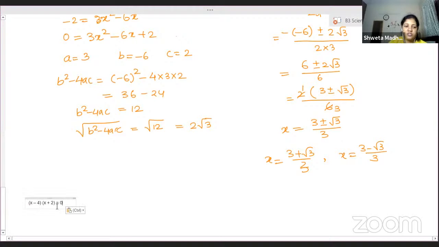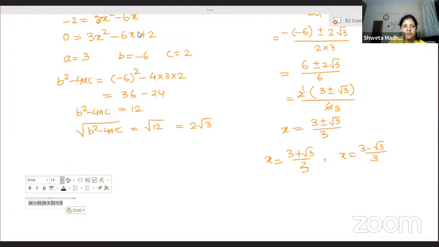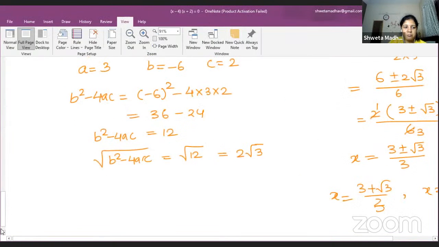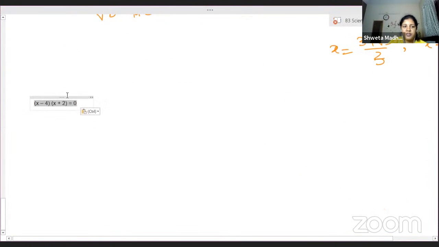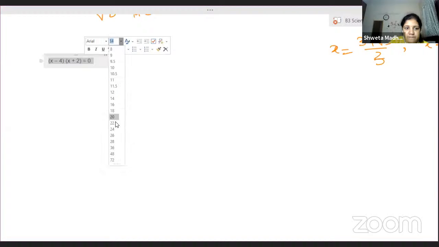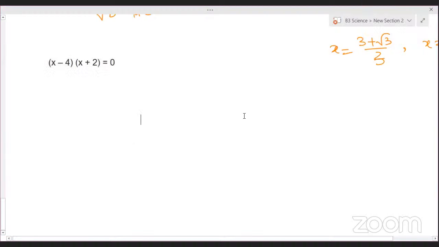Exercise 1, first question. It is already factorized. It is already present in the factors. Yeah. In the 19th question, I tried with the quadratic formula. I'm getting 3 plus root 5 by 2.